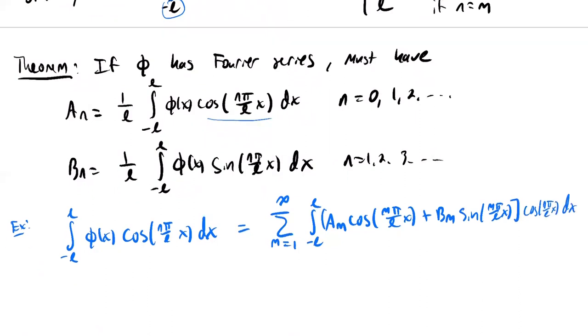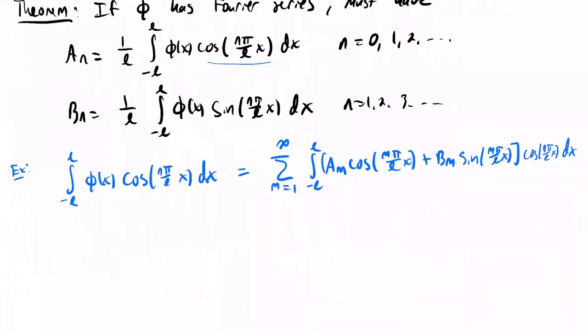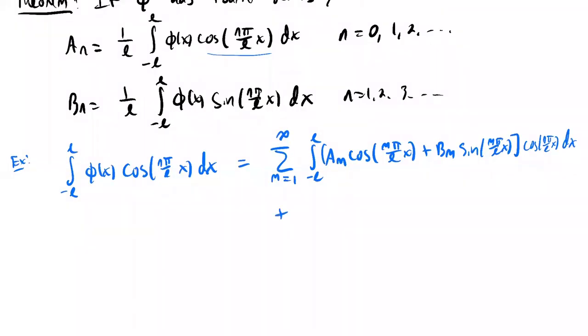And then we also have to have the term corresponding to n equals 0. So plus the integral from minus L to L of 1/2 a_0 times cosine of n pi over L x dx.